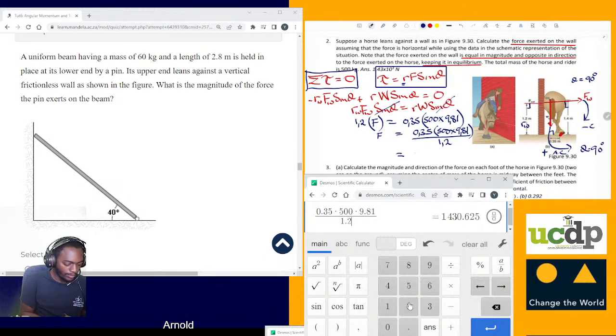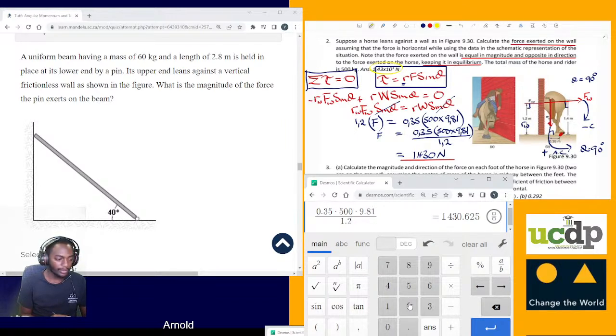So we get 1430 newtons, which is what we expected to get from the answer that is in the workbook. So basically that is how we've worked that problem out.